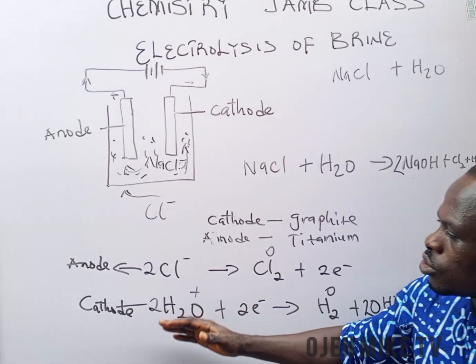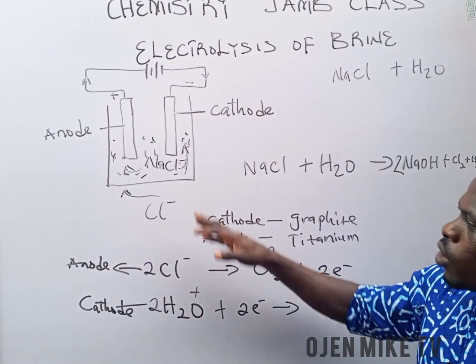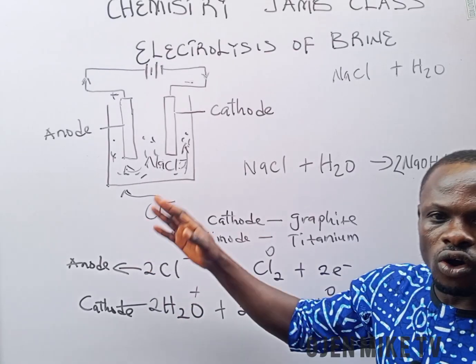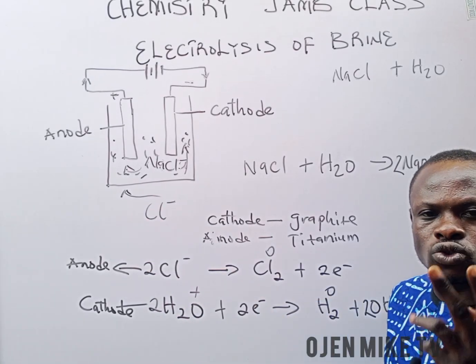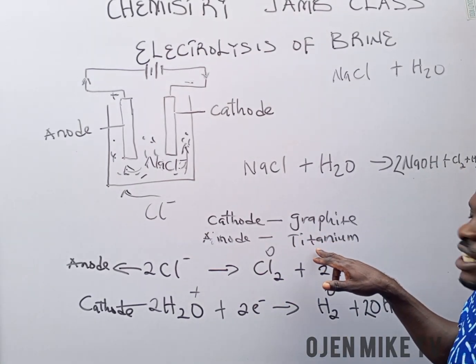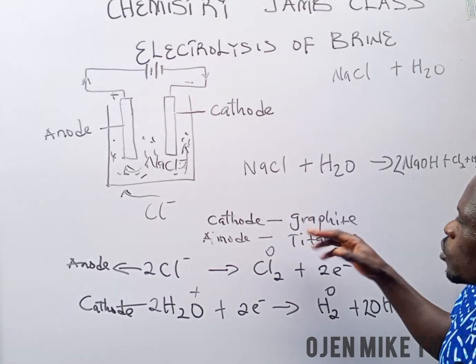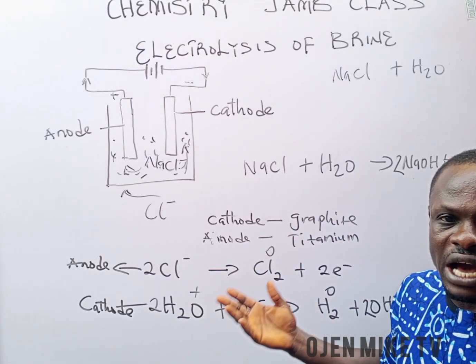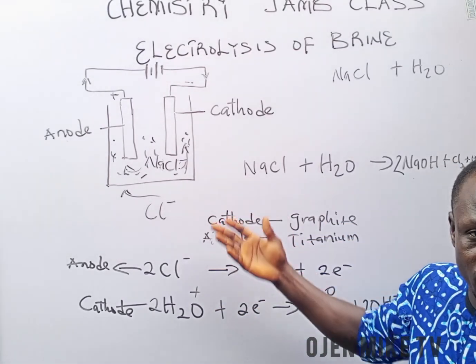So at the cathode, hydrogen undergoes reduction, while at the anode, chlorine undergoes oxidation. The two primary materials used for the electrodes are graphite and titanium. Graphite is less expensive and conducts electricity very fast.